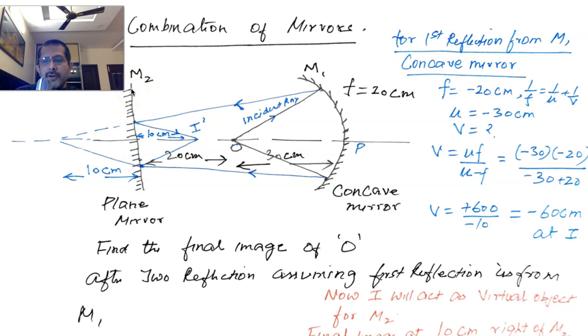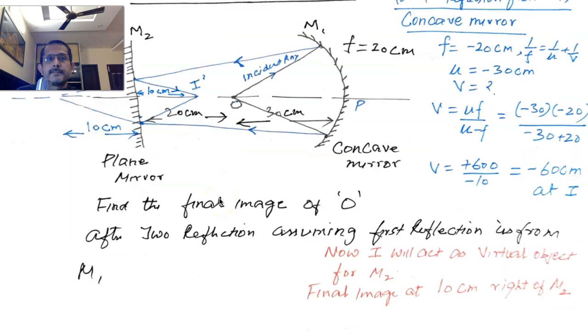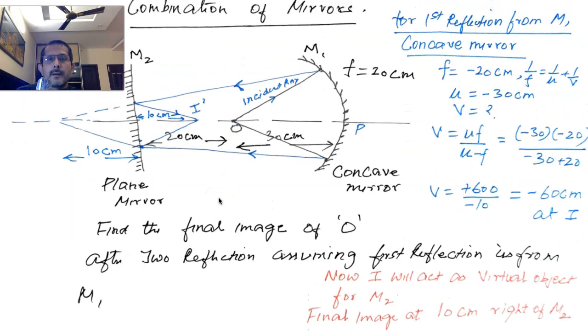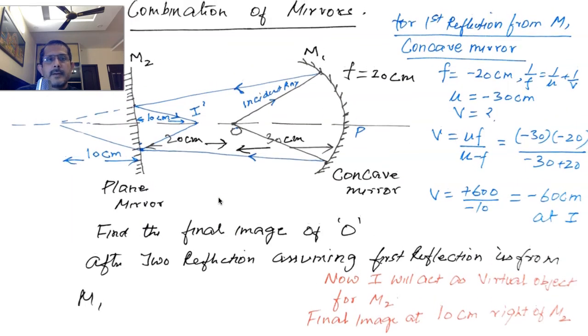Let me reiterate it again. What they have done here is they have said there are two mirrors. One is a plane mirror and the other is a concave mirror M1. They have said find the final image of this object which is kept in between after two reflections, assuming the first reflection is from this mirror.